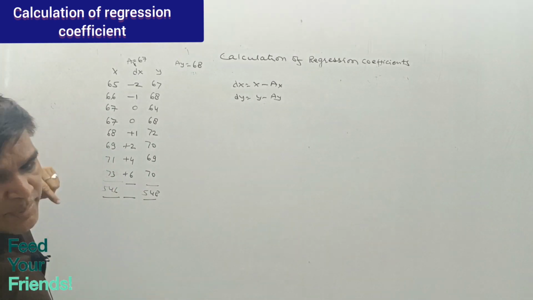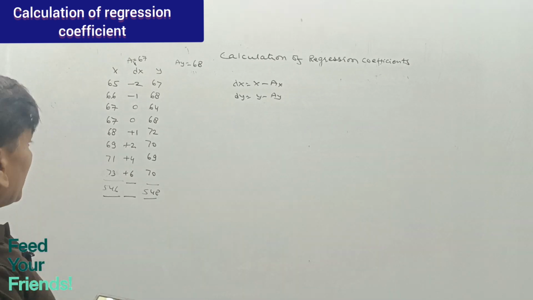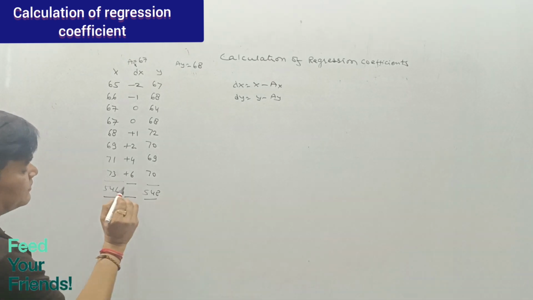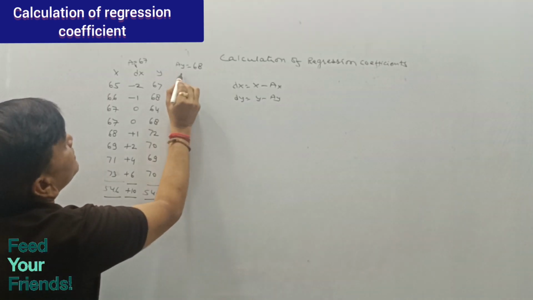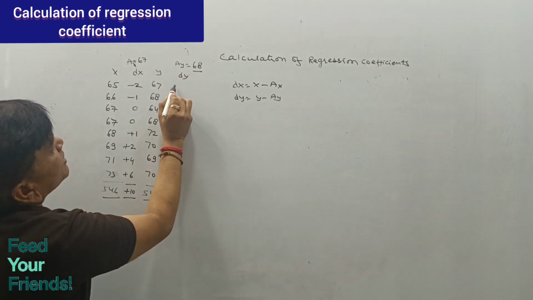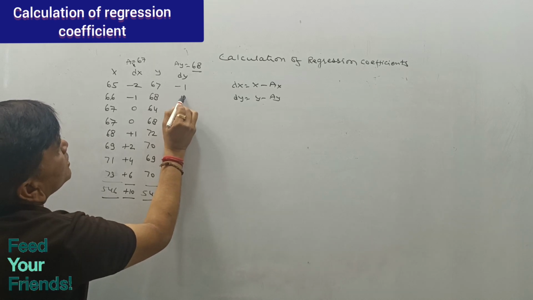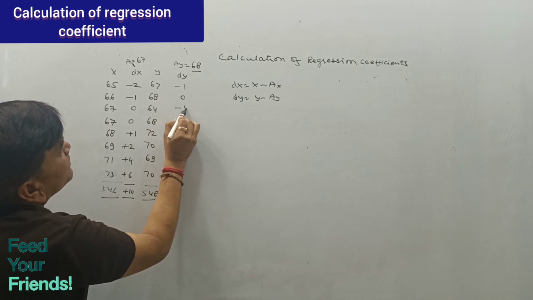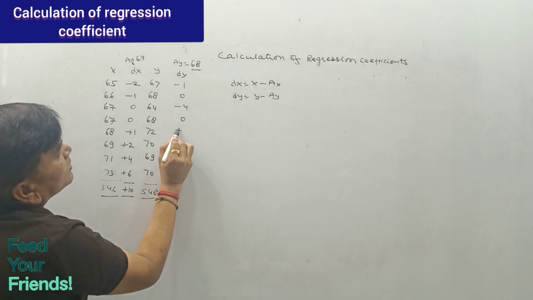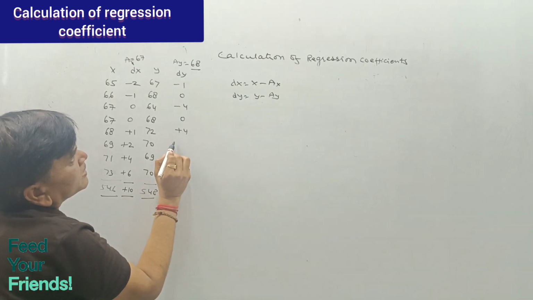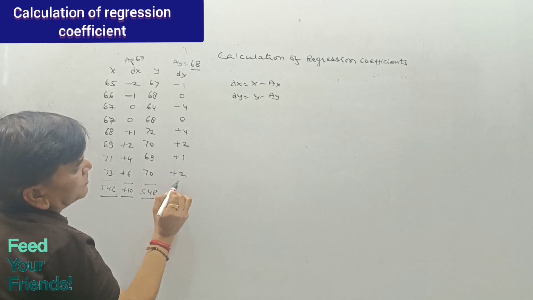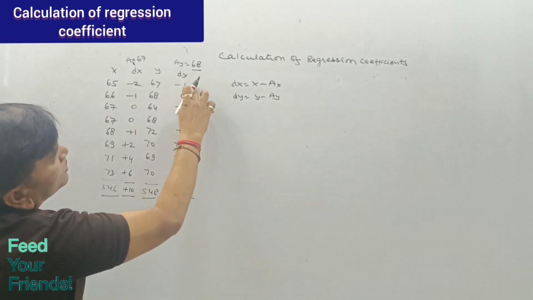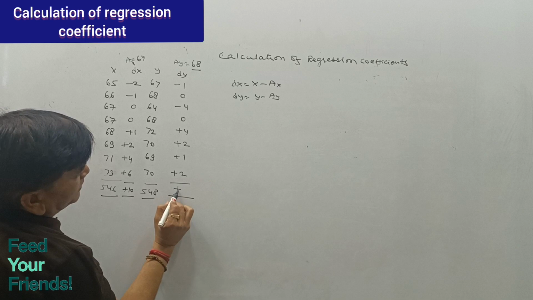So the total will be 10. In this we have assumed 68 as our assumed mean for y, so the values are minus 1, 0, minus 4, 0, plus 4, 0, plus 2, plus 1, plus 2. So the total is plus 4.